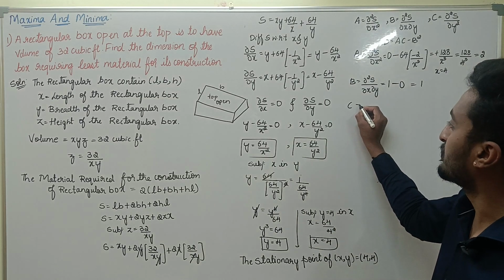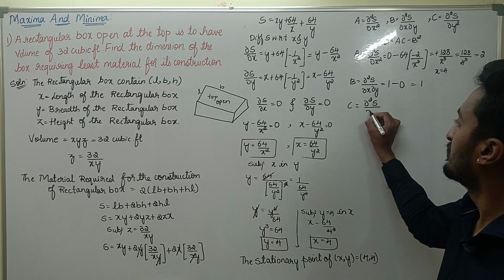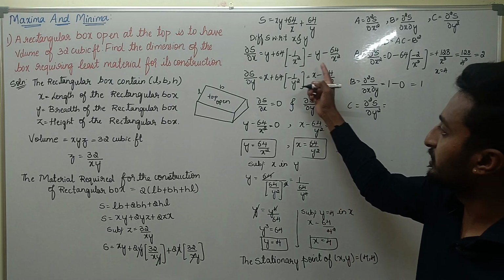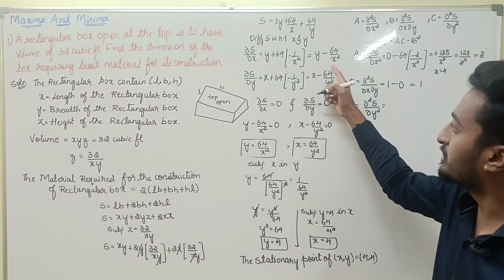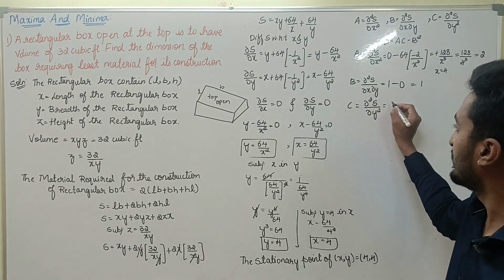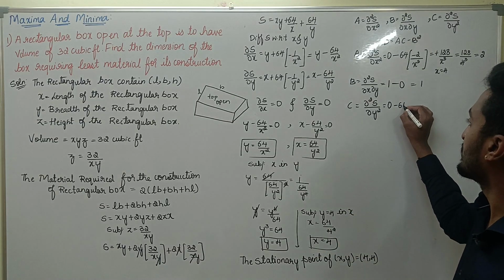Similarly, let us find C, that is ∂²S/∂y², which is equal to, again differentiate this with respect to y. Since we don't have y, this term becomes 0. Minus 64 remains constant.